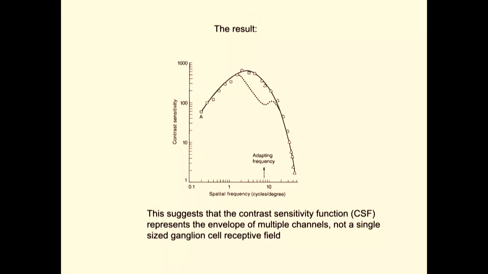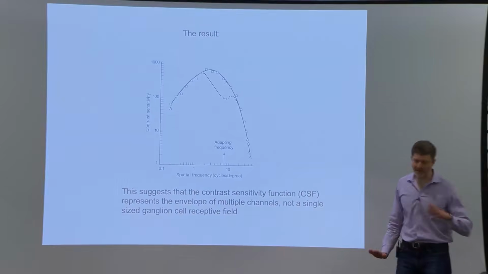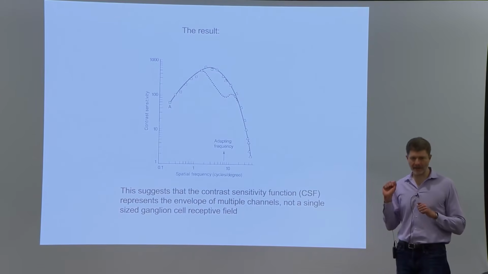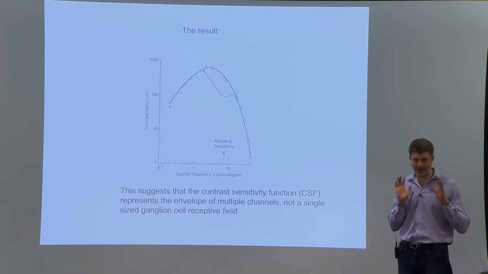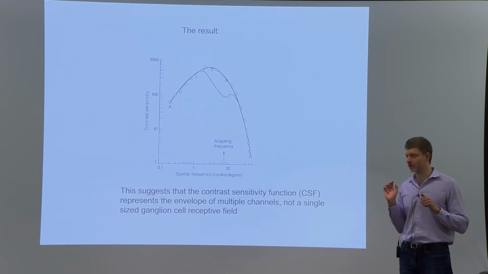And the way that you would do this experiment in the lab is a bit of a tedious experiment, right? Because you have to measure detection thresholds at all these different spatial frequencies, and you want to measure that under normal conditions, and then under conditions where you adapt people.